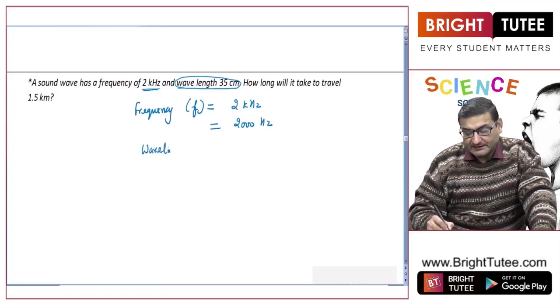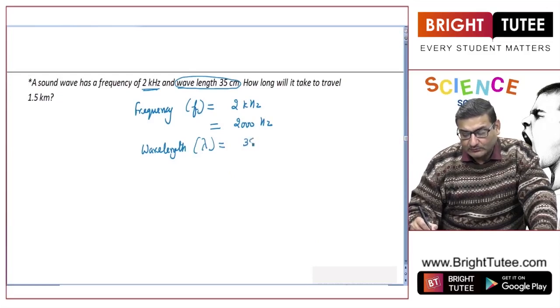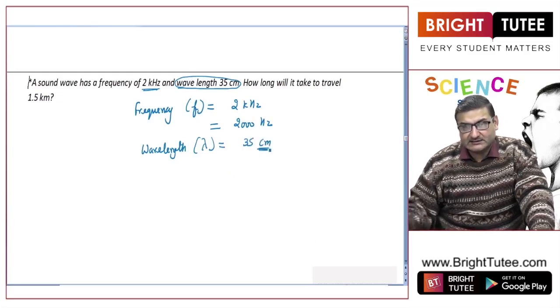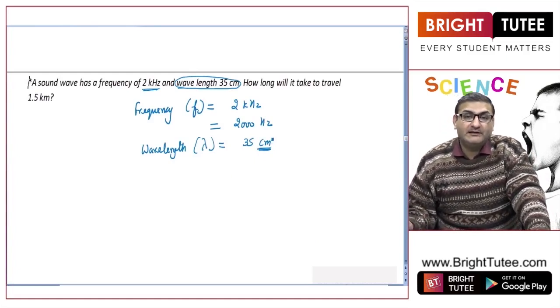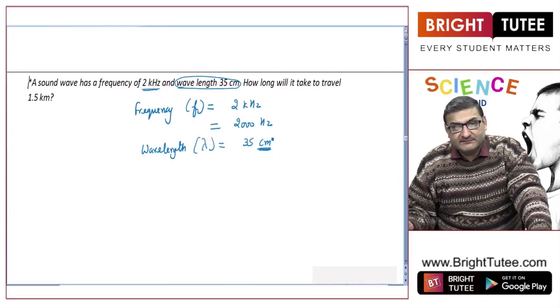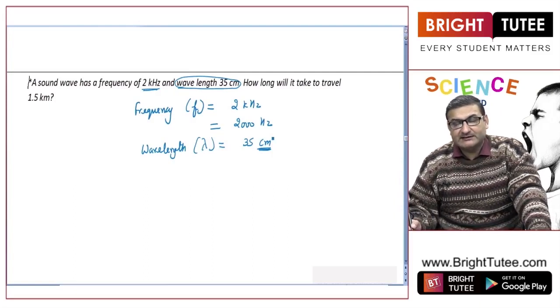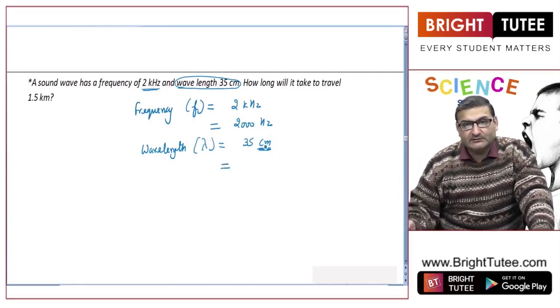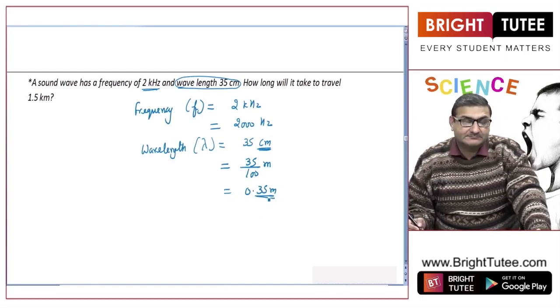The first very important thing while doing numericals in physics is to know what is given and to relate the units in which the values are given and in which the values should be given. This is given in centimeter, and importantly the wavelength SI unit is meter. We need to convert it into meter. How? Just dividing it by 100, we can convert it into meters. This comes out to be 0.35 meter.